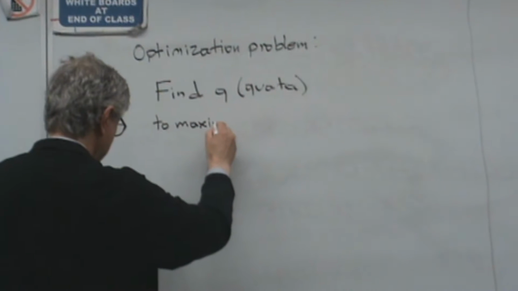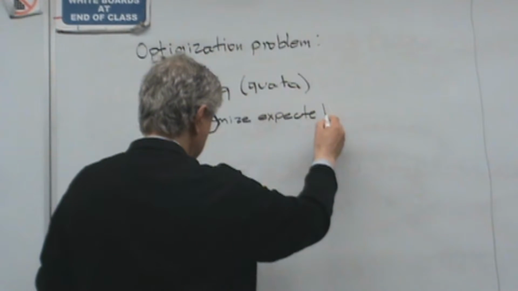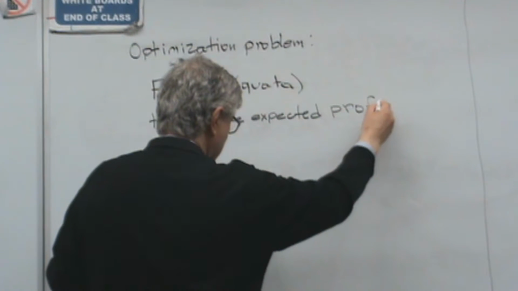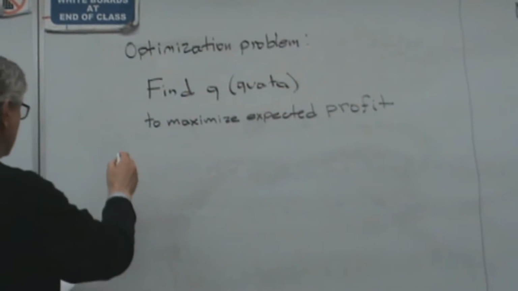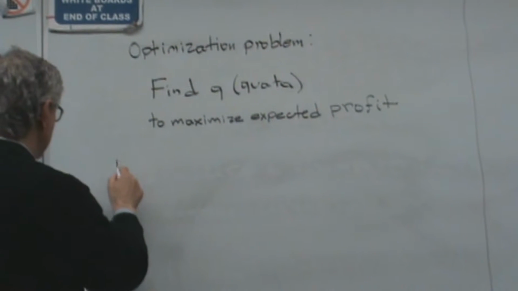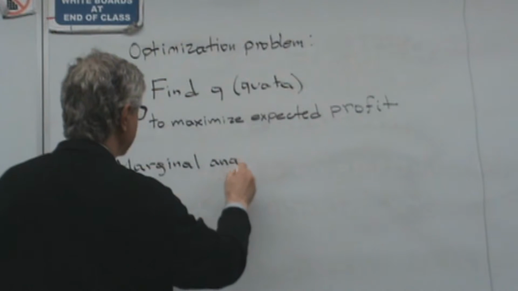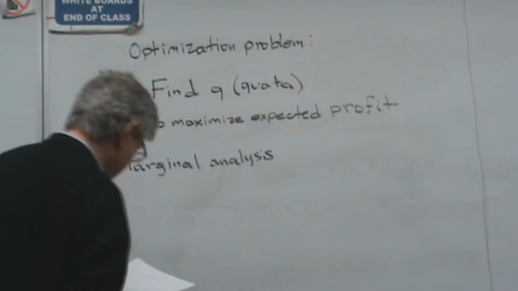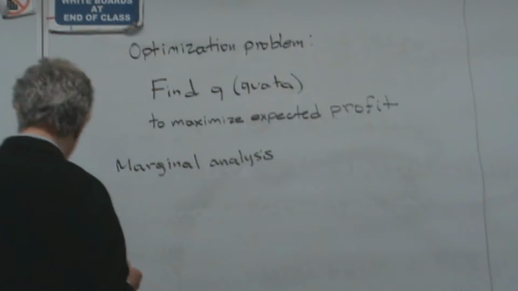That's the objective function. The process that we described is called marginal analysis. So we perform marginal analysis, which is: what happens if I increase the quota by 1 unit? What happens to the profit, the expected profit to be precise, if I increase the quota by 1 unit?